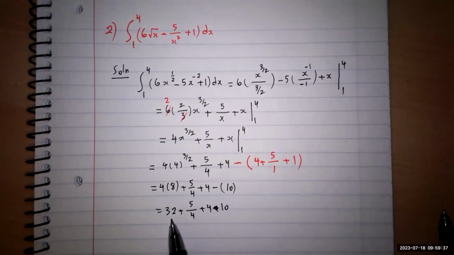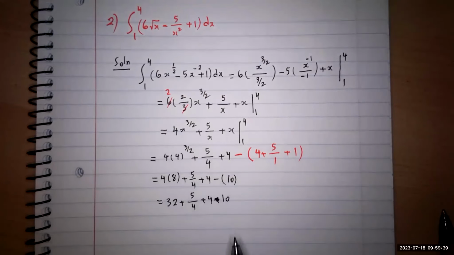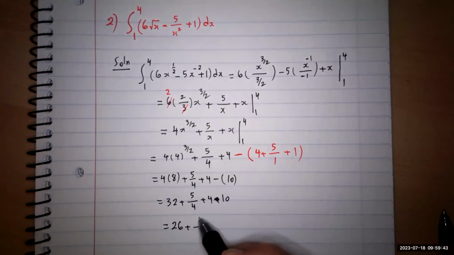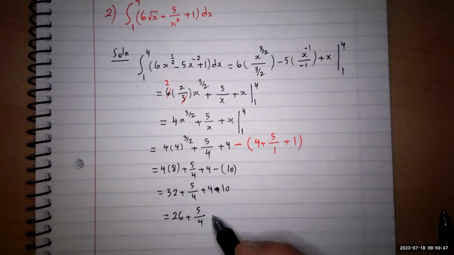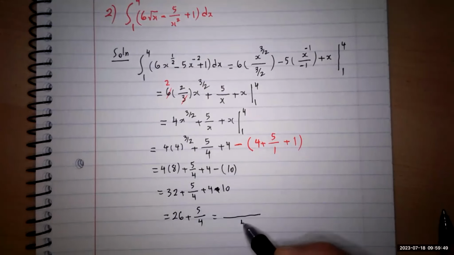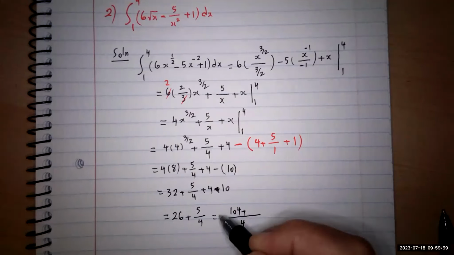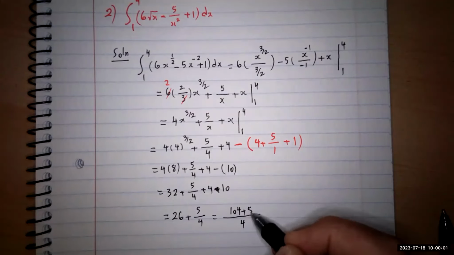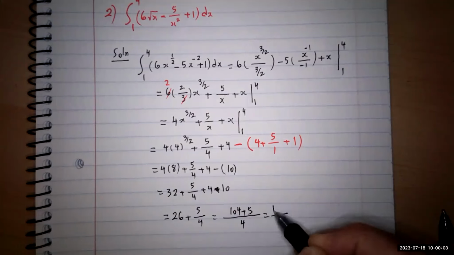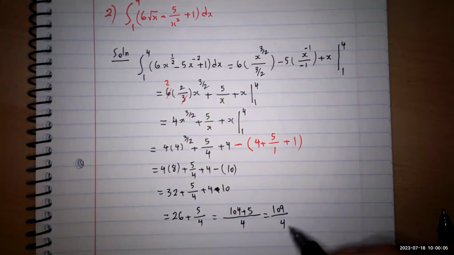Repeat it again. It's going to be 32 and 4 would be 36. I have 26 now. So that would be 26 plus 5/4. Okay, common denominator would be 4. So it's going to be 4 times 26. 4 times 25 would be 100. It's a 104. Okay, 104 plus 5, which is going to be 109 over 4.